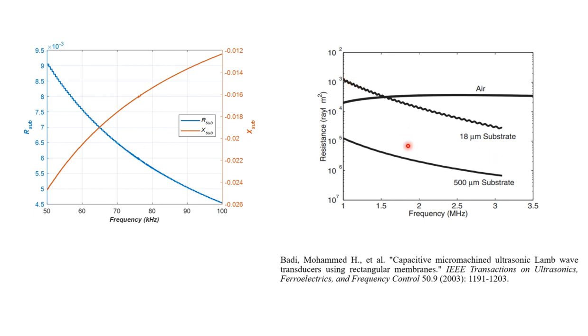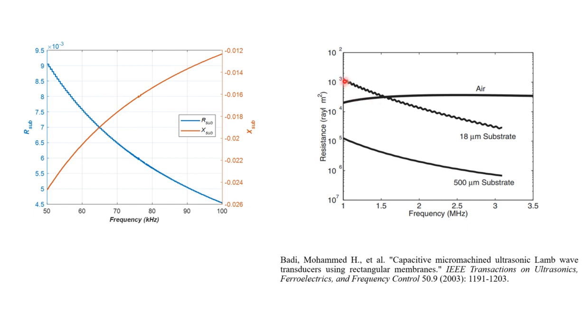So for a given substrate thickness which is thin compared to the operating wavelength, which is the case over here as well, I think these were built for 2.1 megahertz, and if you compare the product of the operating frequency and the thickness, and you look at the dispersive curves of Lamb waves, then you have A0 and S0 modes as well, which are excited for such an operating point of CMUT.